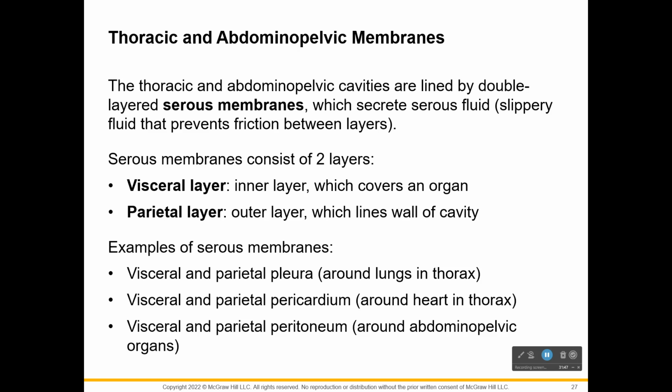Okay. The visceral pericardium, well, peri, around, like perimeter, cardi, heart. So visceral pericardium is actually on the heart, and the parietal pericardium is lining that mediastinum. The visceral peritoneum is right on the abdominopelvic organs, like your stomach, your intestines, and the parietal peritoneum is lining that cavity.